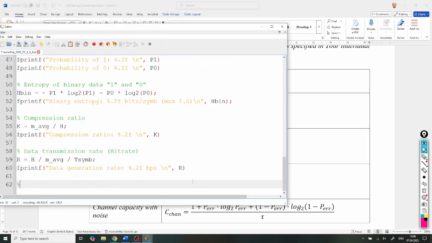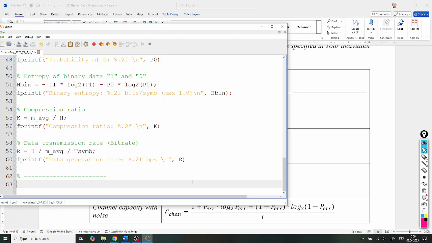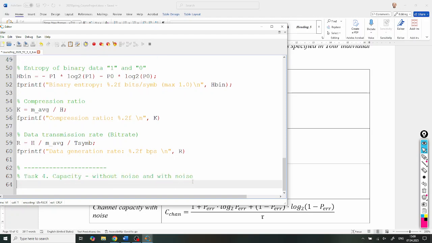So that's going to be task 4, capacity without noise, with noise, and for channels. Well, let's start with the capacity without noise, which is 1 over t symbol.